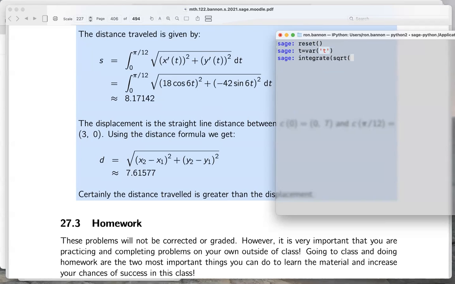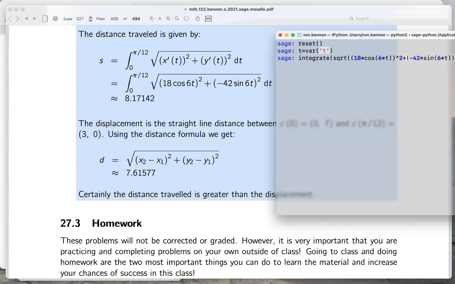It's not easy to type in, but I'll type it in: 18 star cosine 6 star t. I think the biggest problem students have is actually typing in code. We're going to square that plus minus 42 star sine 6 star t.